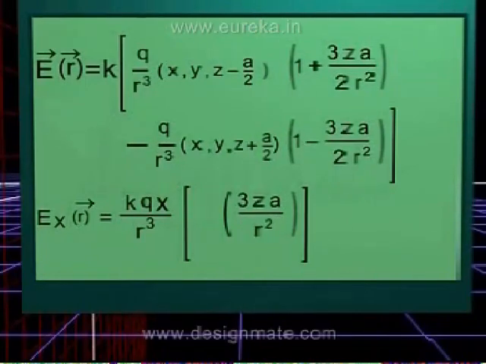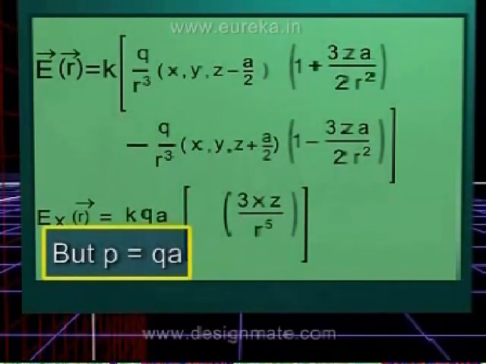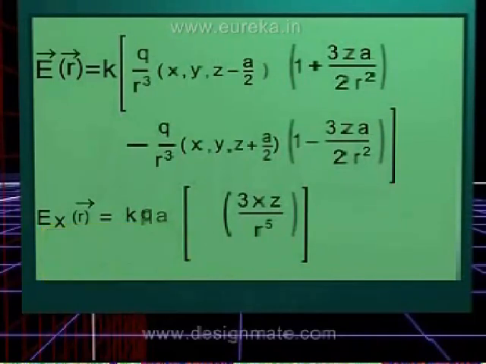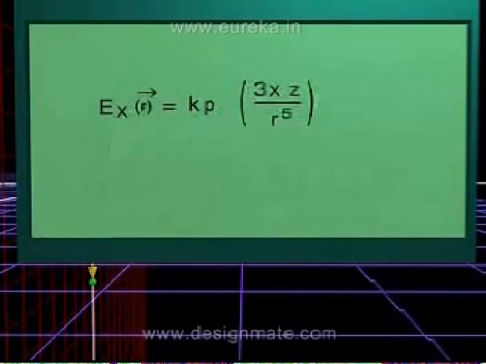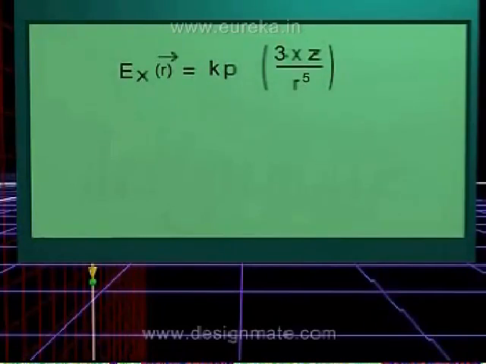That is equal to kqa into 3xz upon r raised to 5, that equals kp into 3xz upon r raised to 5. Therefore, Ex(vector r) is equal to kp into 3xz upon r raised to 5.